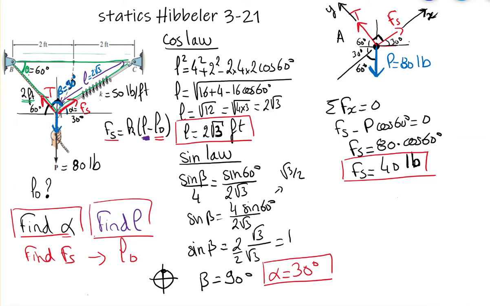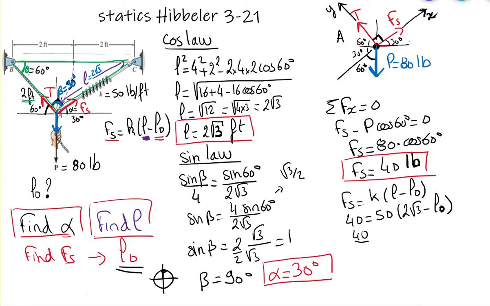Okay, and one last step. The question asks for the unstretched length. So we have the force of the spring that is equal to K times L minus L naught. So the force of the spring is 40, K is 50, L is 2 square root of 3 minus L naught. Okay, so 40 divided by 50 is equal to 2 square root of 3 minus L0.